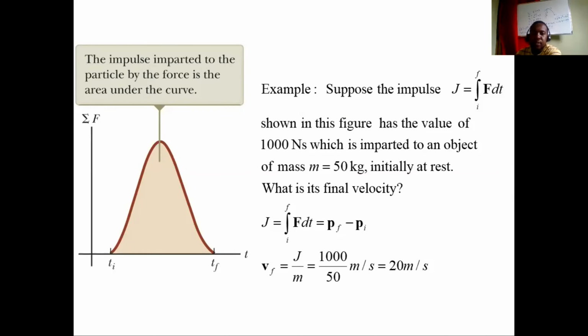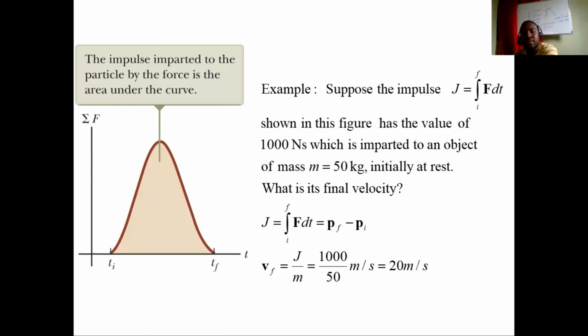So your force versus time graph tells us what's the change in force over a period of time for an object that is moving. All right, the area under that graph tells us the impulse of the object. All right, so if you have a graph of force versus time and it asks you to find impulse, you basically will find the area under the graph, right?